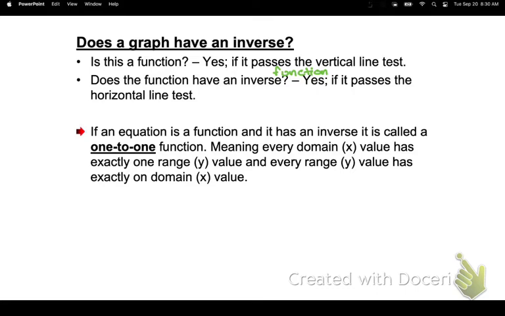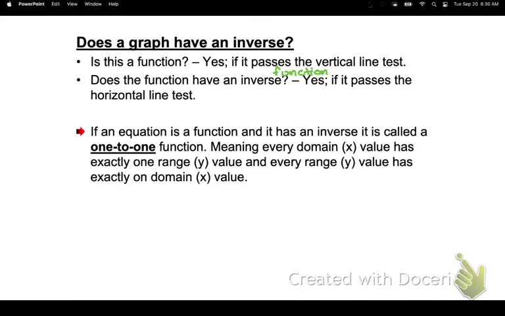But is my inverse also a function is the biggest question. So, if it passes the vertical line test, yes, it's a function. If it passes the horizontal line test, then its inverse is also a function. I hate when books tell you that it has no inverse if this doesn't happen. No, it does. It doesn't have an inverse function. Get the difference between what I'm saying, guys.